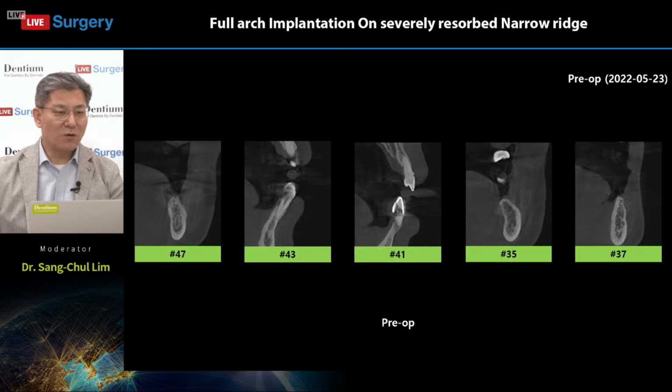Number 37 is knife edge style. All of these conditions are not acceptable for regular diameter implants ordinarily, so we have to change the treatment concept. Today, Dr. Chung shows us the minimalism concept for this sick patient.